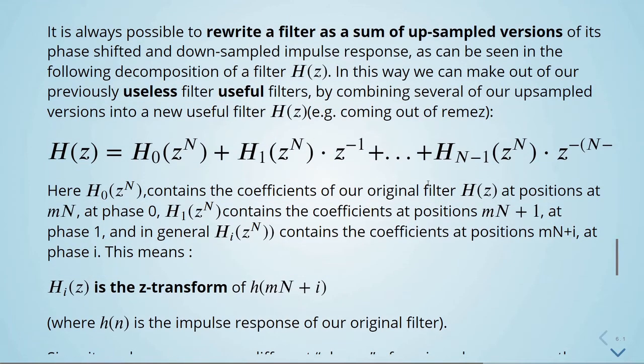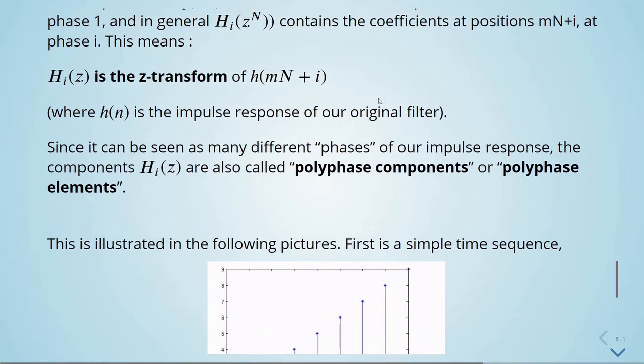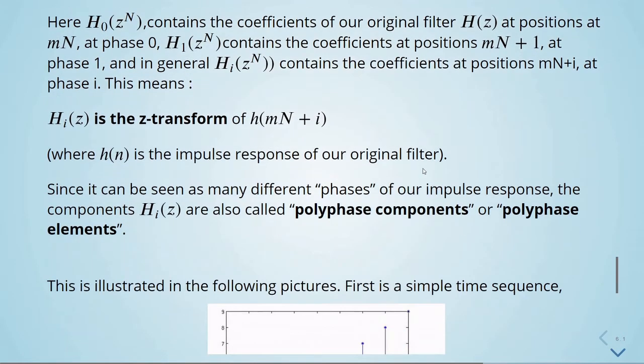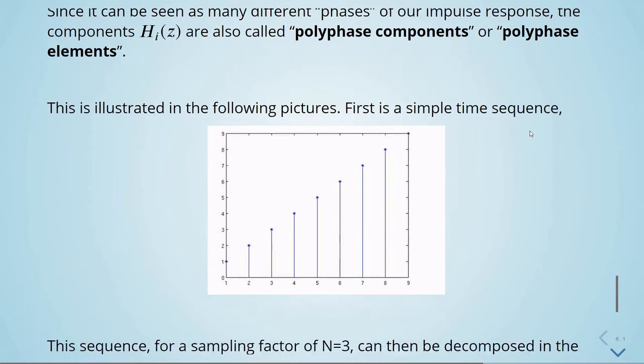So this is some kind of polyphase decomposition, where we are rewriting a filter as a sum of upsampled versions of its phase shifted and downsampled impulse response. So it can be seen that there are many phases of our impulse response. Each one of these components is called a polyphase component.